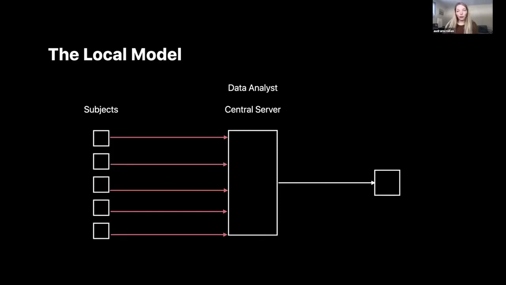Again, this is a more popular notion in practice for a couple of reasons. It's a stronger privacy notion. It's also easier to build systems that satisfy this. I don't have to be as worried about the security of the channel from my data subjects to my central server. It's also often true in practice that the data analyst and the central server are the same person: the person collecting data is the same person computing something on the data.